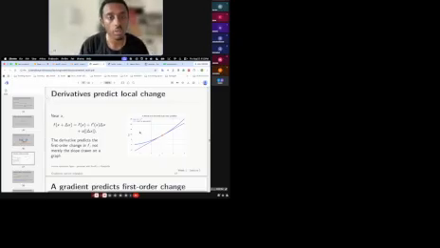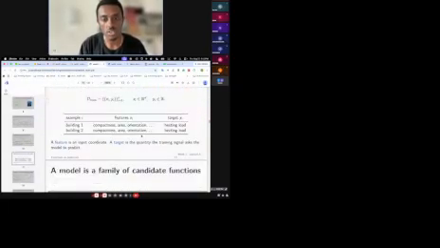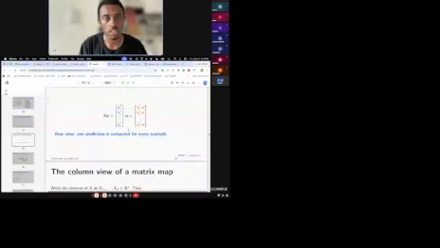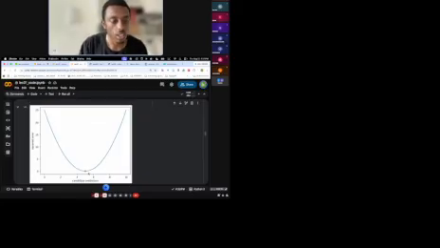So when we come to our loss function, the input is the parameter. It tells us how much the loss changed based on our parameter.